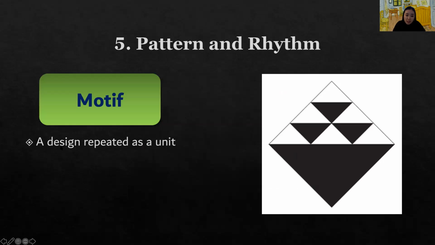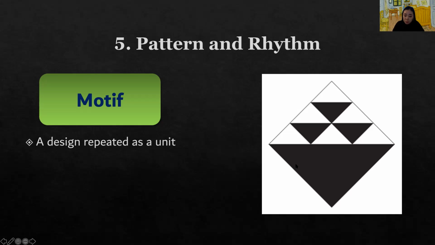A design repeated as a unit in a pattern is called a motif. Motifs can represent ideas, images, and themes that can be brought together through the use of pattern. An artist can create a strong, unified design by repeating a motif.